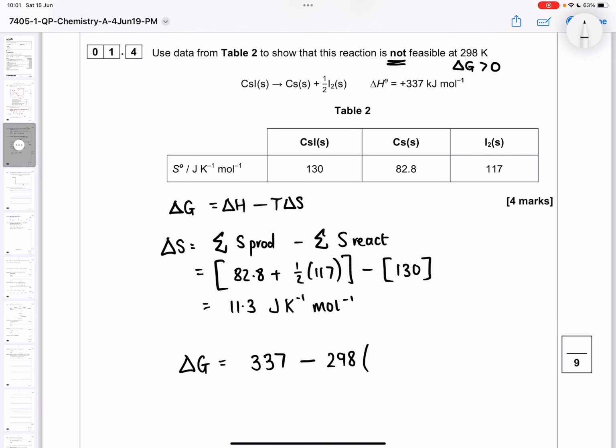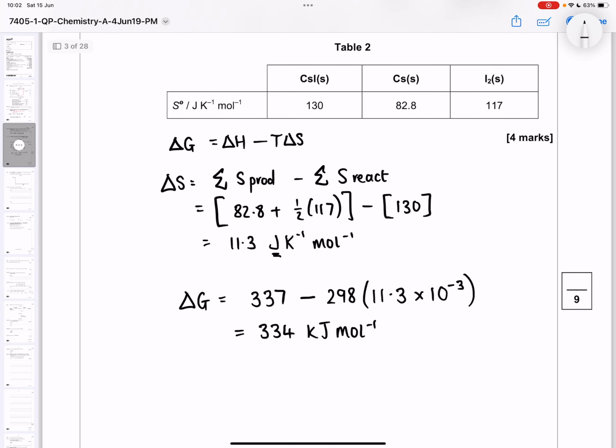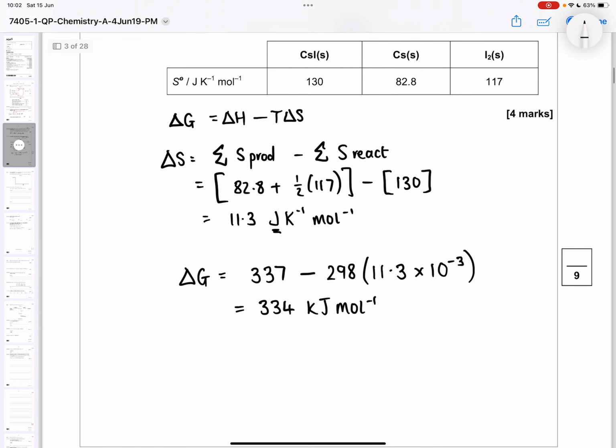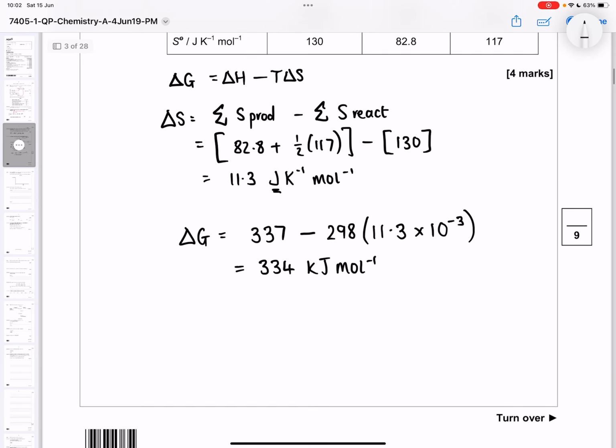Now the delta S needs to be converted from joules into kilojoules. So I'm going to divide by 1,000 or times 10 to the minus 3. So if I do this calculation on my calculator, then I can see I'm getting a number of 334 kilojoules per mole. And since delta G is positive, that shows us that this reaction is not feasible. Okay, so we've shown by calculation it's not feasible.